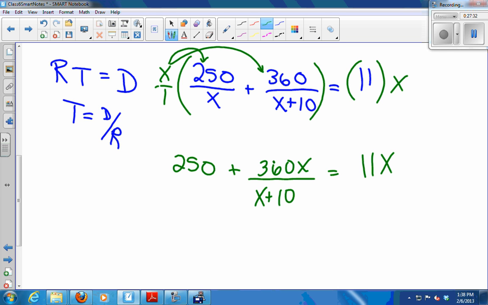So I've gotten rid of one of my fractions. Now I'm going to work on the other one. I'm going to try to get rid of the x plus 10. It's in a denominator, so to get rid of it, I'll just multiply by it. But the rule is if you do it to one side, you have to do it to the other. So multiply both sides of this equation by x plus 10.